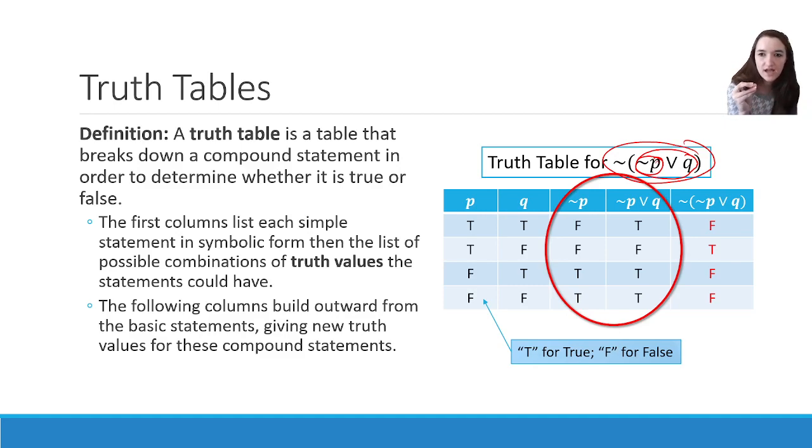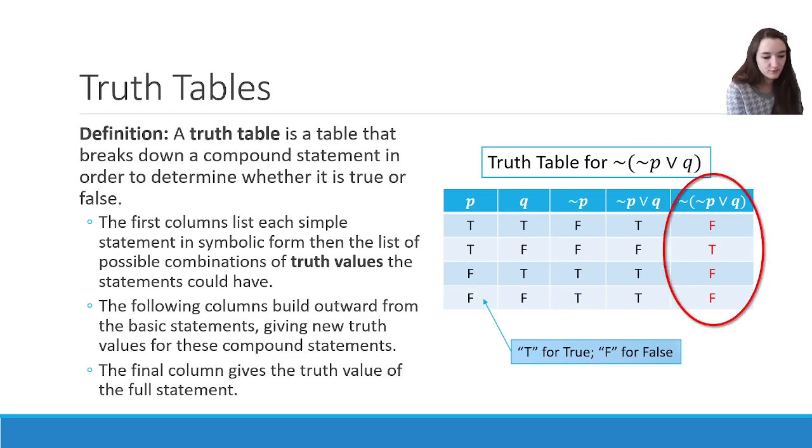So it's sort of like building outward in that way. The final column gives the truth value of the full statement, which I have highlighted in red just to make it stand out. In general, whatever the final column is, that's going to be your answer for this statement.